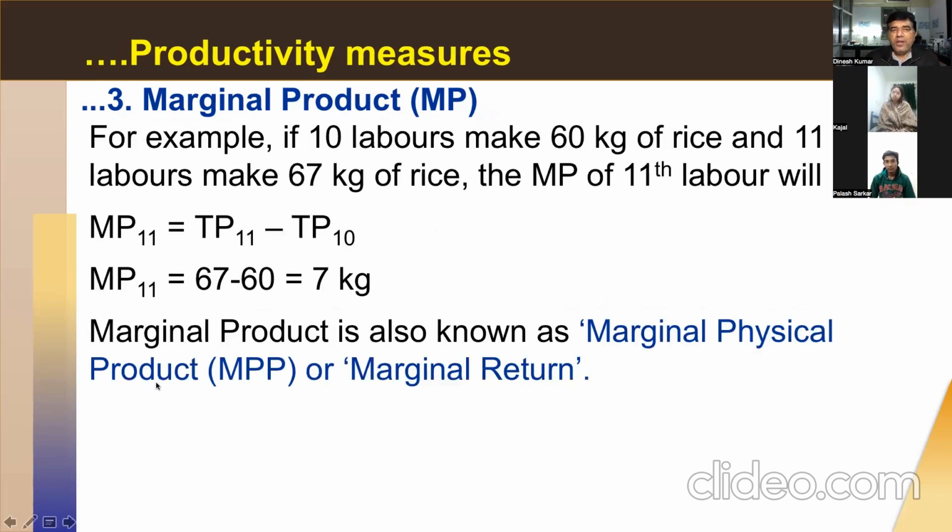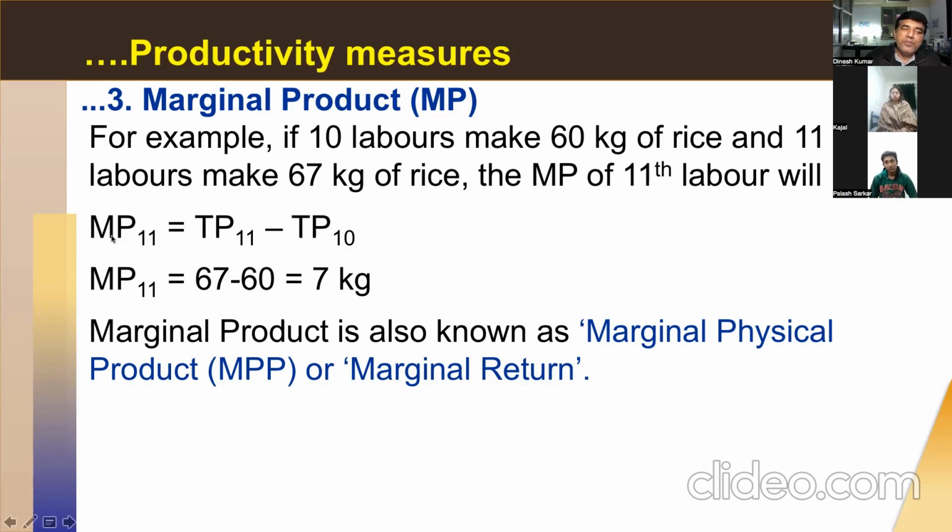So for example, if 10 laborers make 60 kg of rice and 11 laborers make 67 kg of rice, the MP of the 11th labor will be MP11. This is the number, for which unit we are calculating MP.